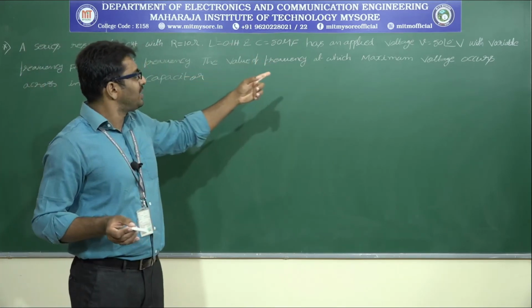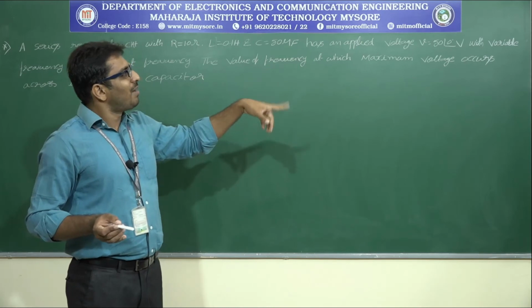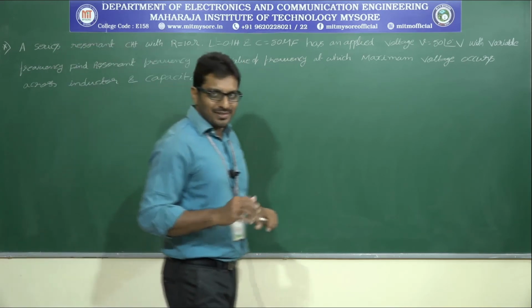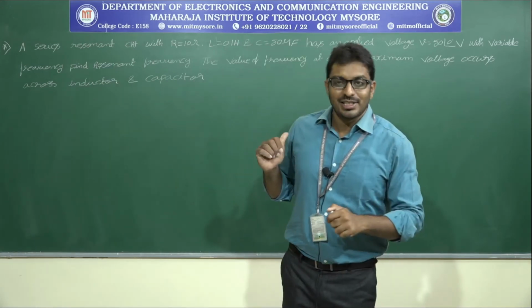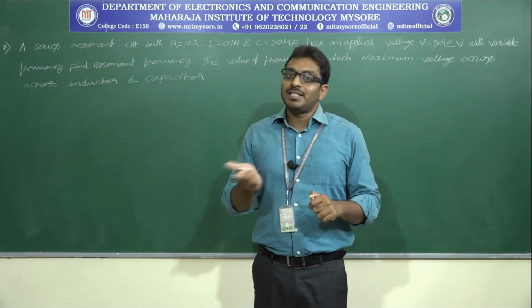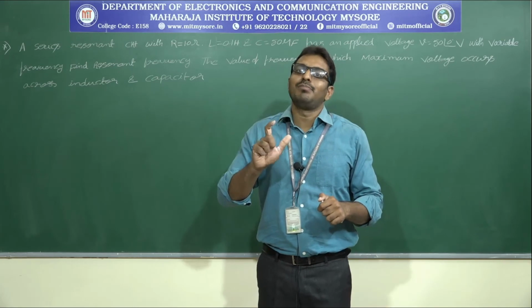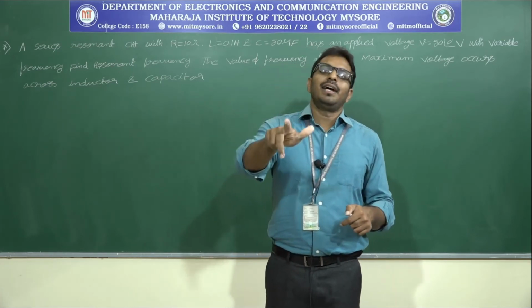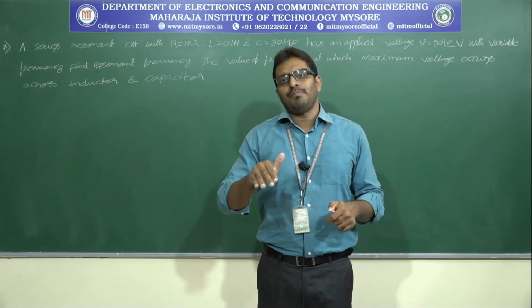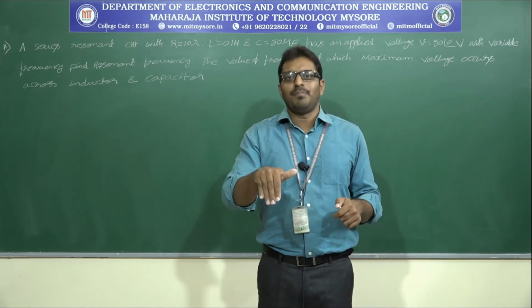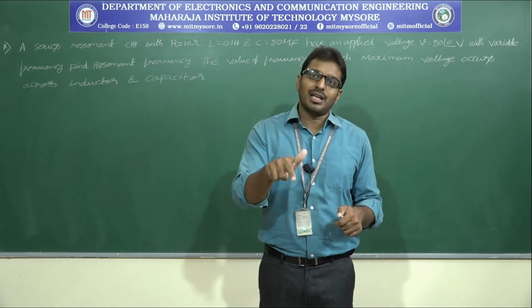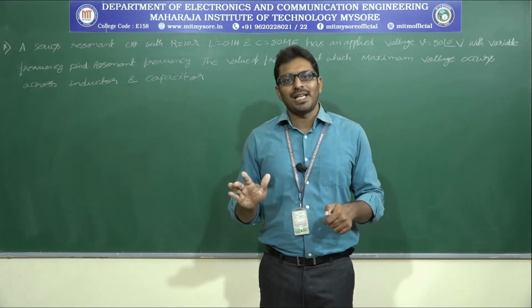The value of the frequency at which maximum voltage occurs across inductor and capacitor. Try to understand this sentence. The frequency at which the maximum voltage drop occurs across inductor and capacitor. There is a particular frequency, and at that particular frequency a maximum voltage drop occurs across inductor and capacitor.